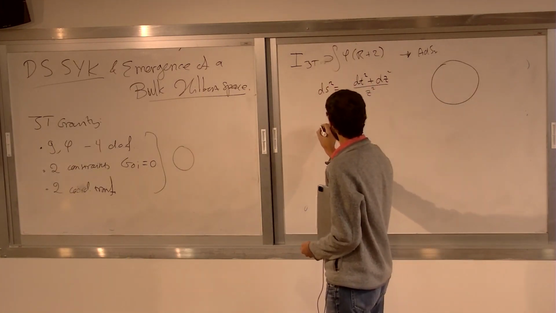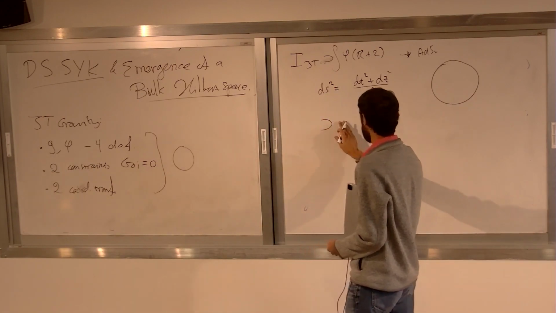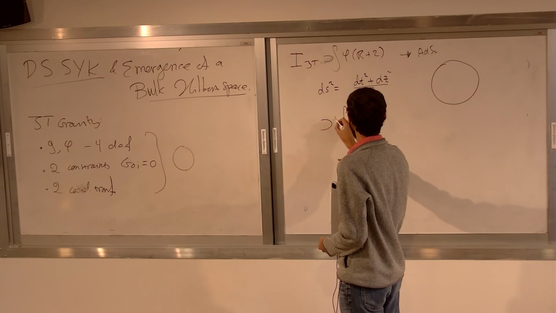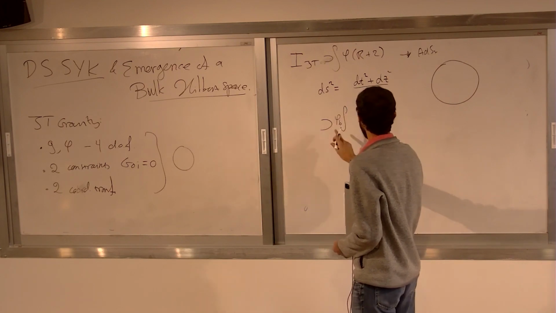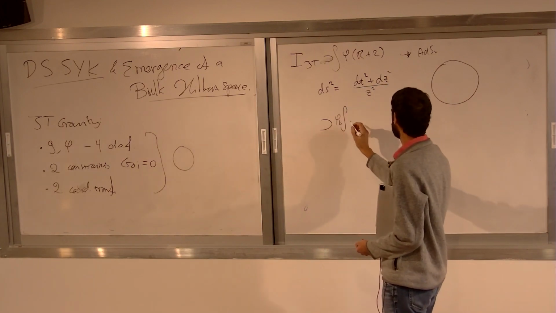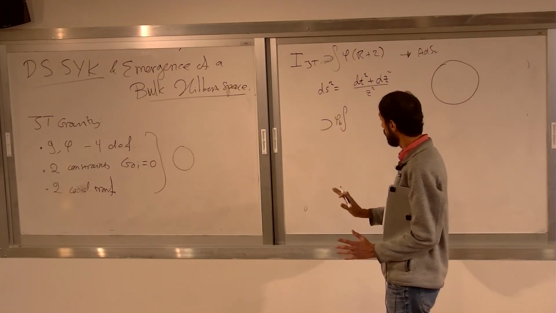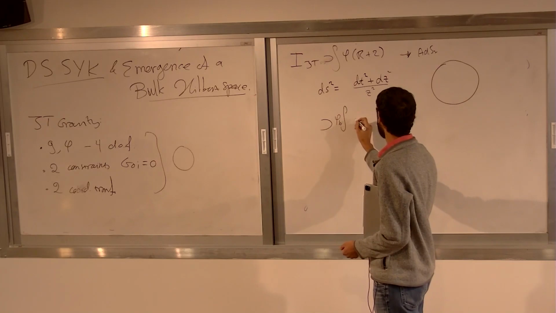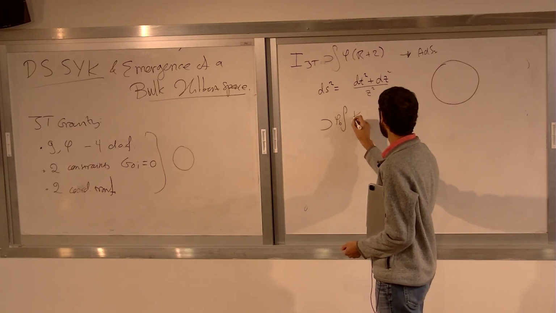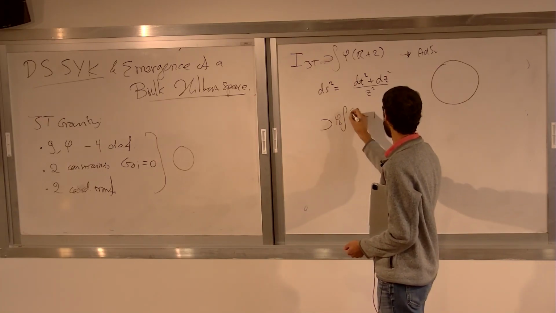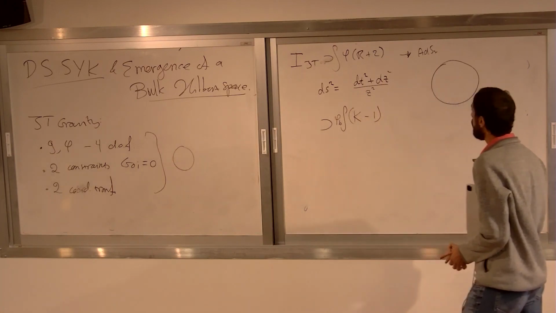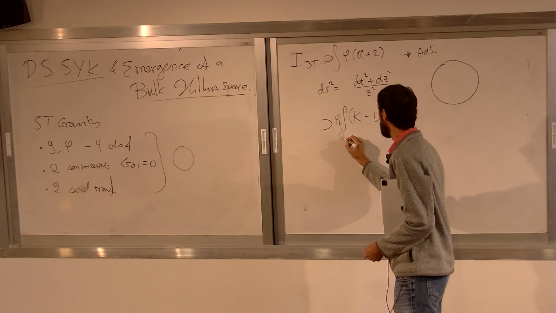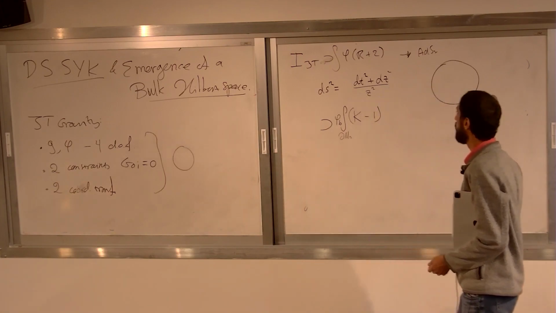Also in the action is the boundary term, which was the integral of phi boundary, the boundary value of the dilaton, which I'm assuming to be a constant, times the extrinsic curvature minus 1 on the boundary of the two-dimensional manifold.